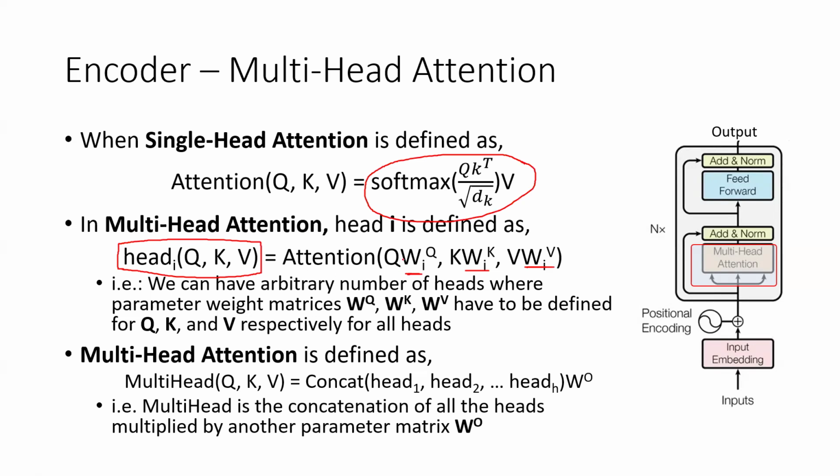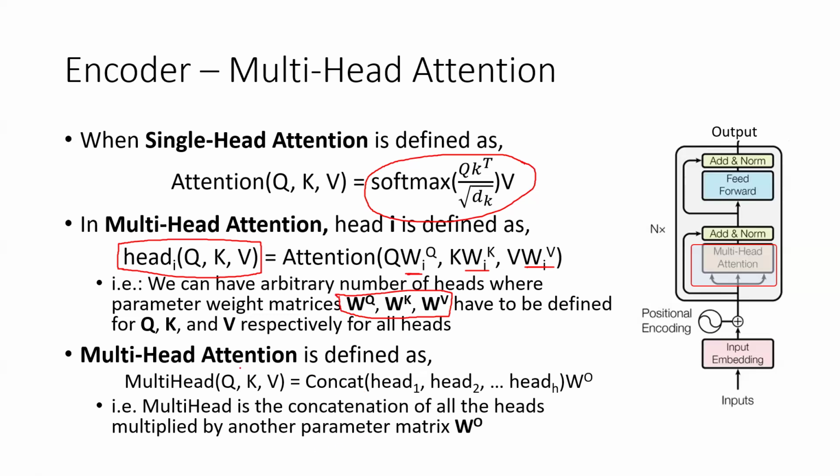Then there would be 30 weight matrices, because each attention head has 3 matrices that you have to maintain, that means WiQ, WiK, and WiV. Okay? So these 3 matrices will be learned with backpropagation as usual.